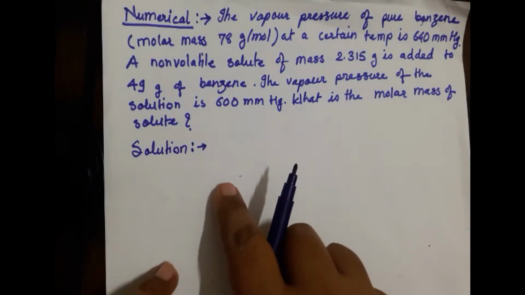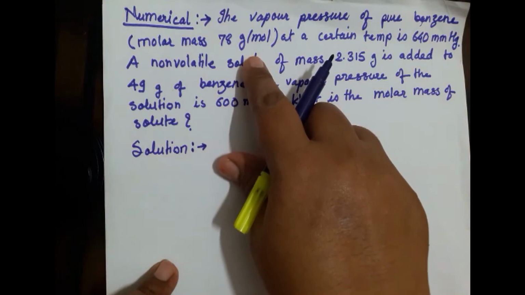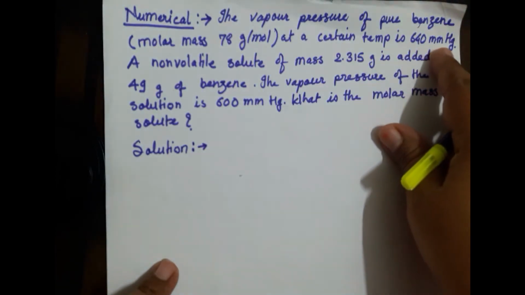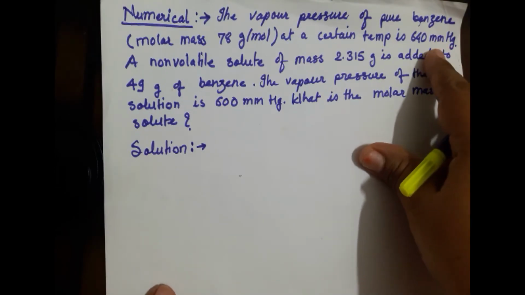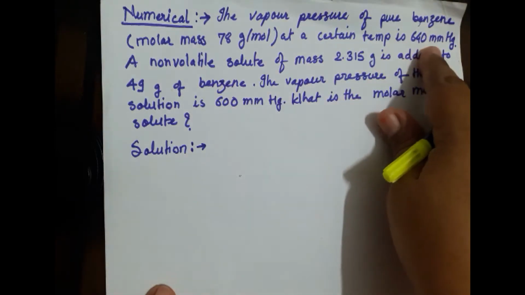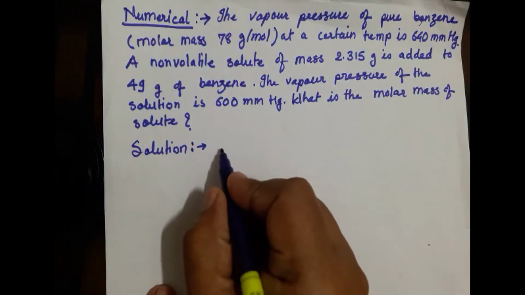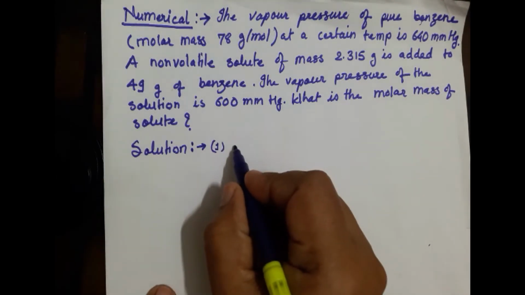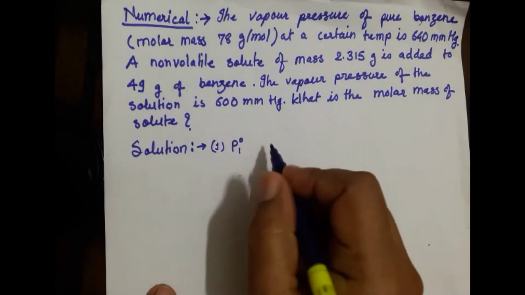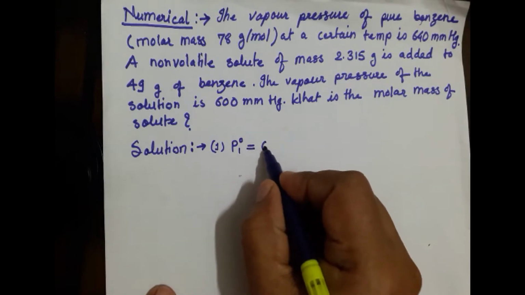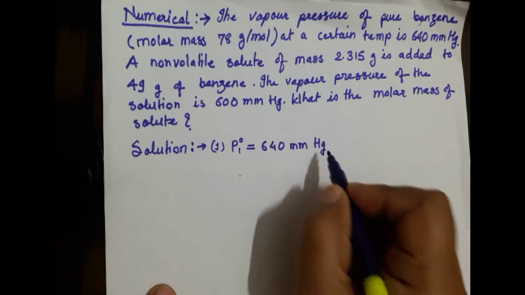Now here first of all we should understand, it is given that the vapor pressure of pure benzene at a certain temperature is 640 millimeter Hg, right? So here the vapor pressure of pure benzene is 640 millimeter Hg. That means first given is P1 naught, that is the vapor pressure of benzene, so 640 millimeter Hg.